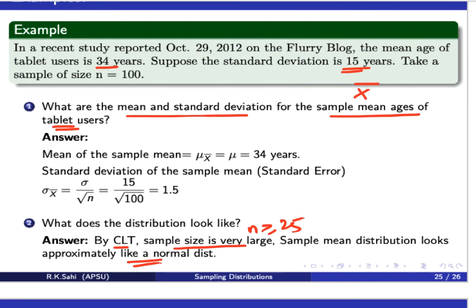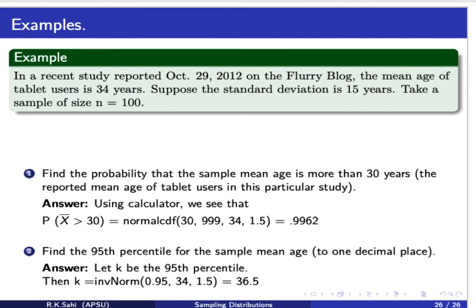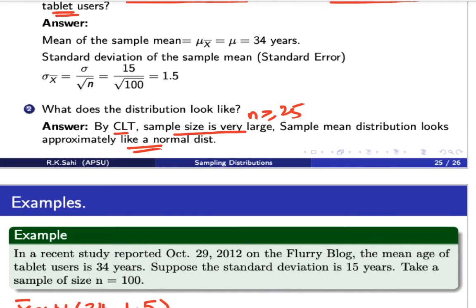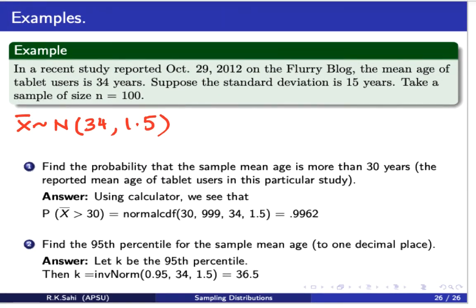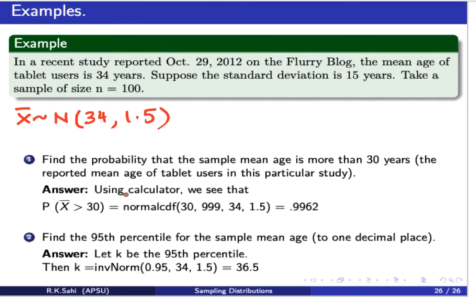Now let's look at some other questions here. What we just found was that the sample mean of the tablet users has a normal distribution with mean 34 years and 1.5 standard deviation. That's what we got from the last slide. Okay, here's the question.